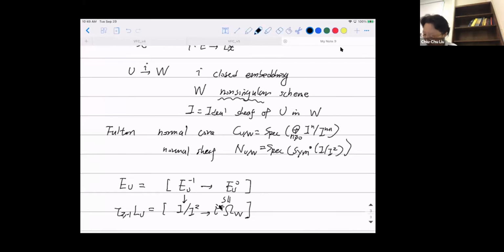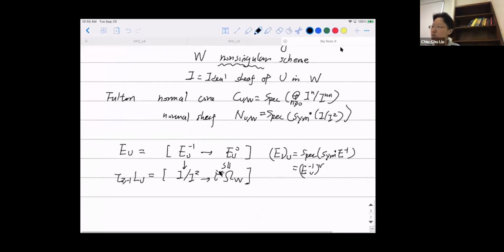Then we apply Spec, and this is the total space of the dual of this vector bundle, and then we identify with this.